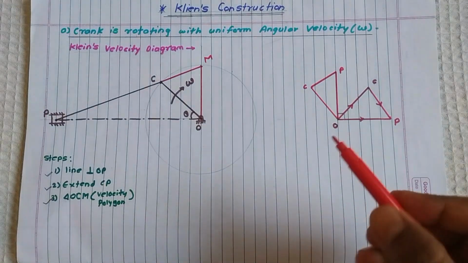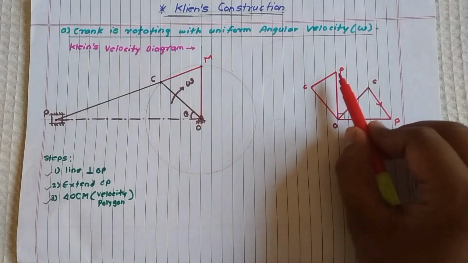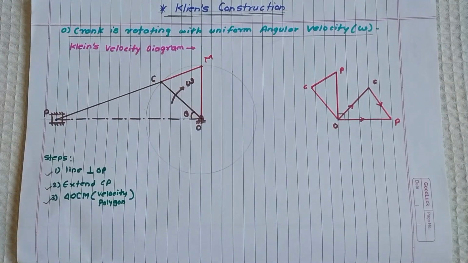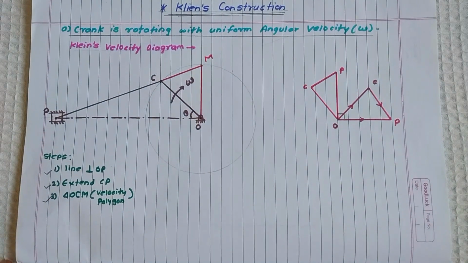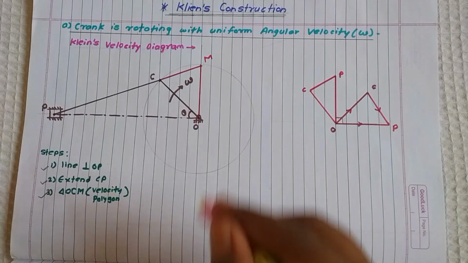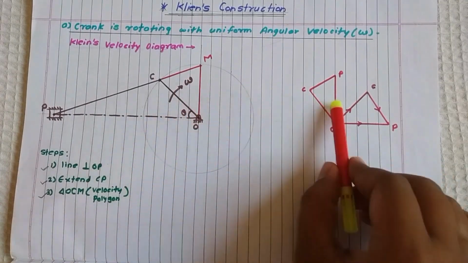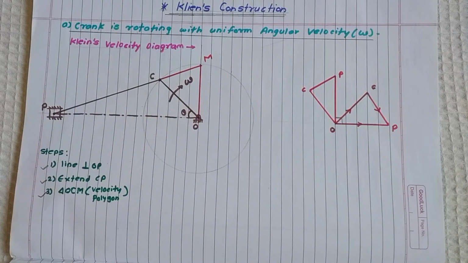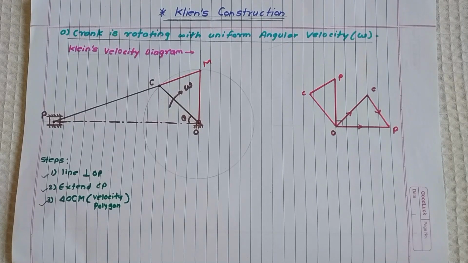Now if we see, triangle OCP and triangle OCM are similar triangles. Yes, they are similar. So let us call it the velocity diagram, as both triangles are similar. So by using similar triangle rules, we'll take ratios of corresponding lengths.